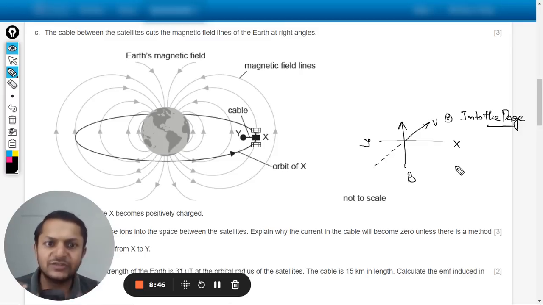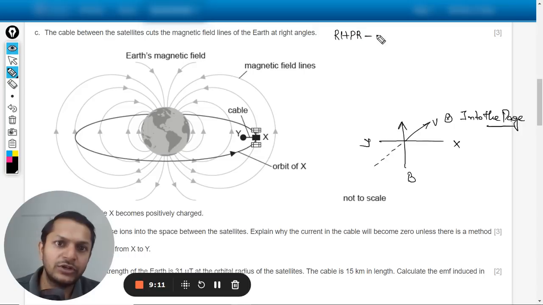So my dear students, this question is from topic 11.1. And while we were doing the Paper 1 questions for 11.1, I completely explained what directional rules we can use to find the direction of the EMF or the induced current. So you might know this, that I am using right hand palm rule type 3 here.